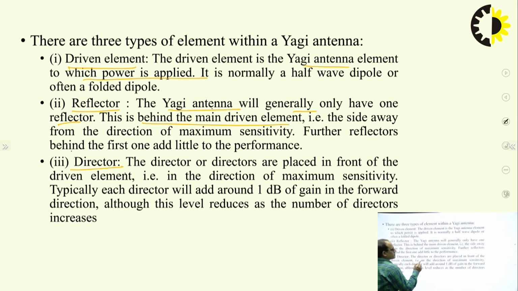There can be one or more directors, placed in front of the driven element in the direction of maximum sensitivity, such that these directors add up their gain, which means they increase the directivity of the antenna.